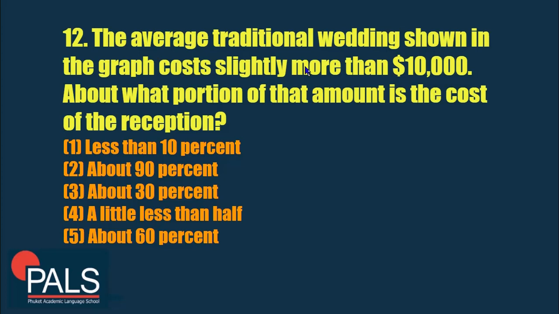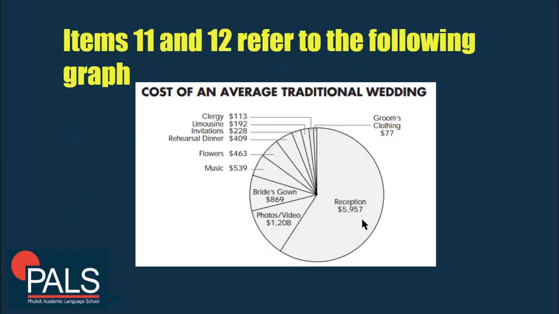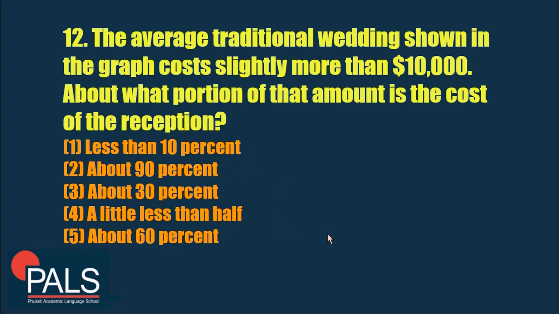12. The average traditional wedding shown in the graph costs slightly more than $10,000. What portion of the amount is cost of the reception? So how many percent? For example, if it's like $10,000, how many percent is this? 5,957. So how much is that? That is about 60%.